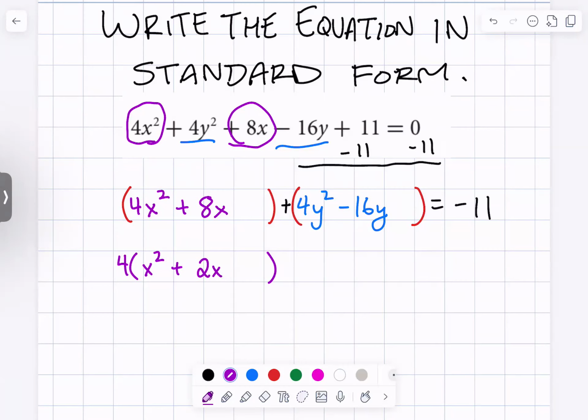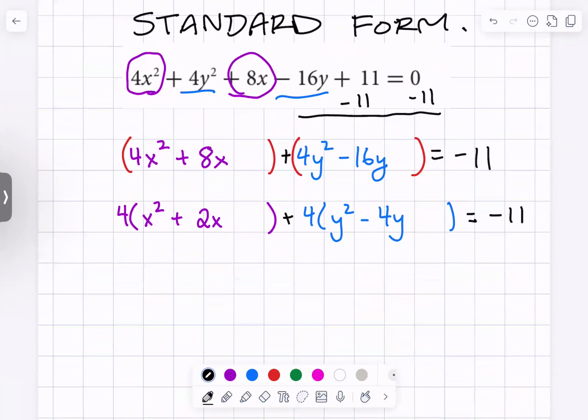If I factor out the 4 in the y's, I'm going to have y squared minus 4y equals negative 11. Okay, just plop it on there.